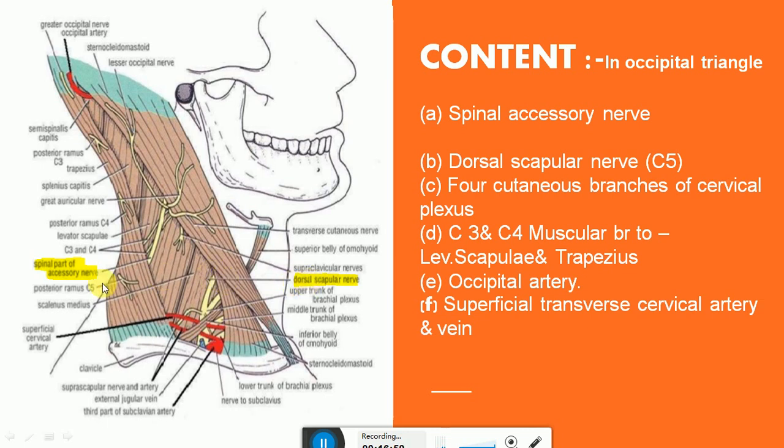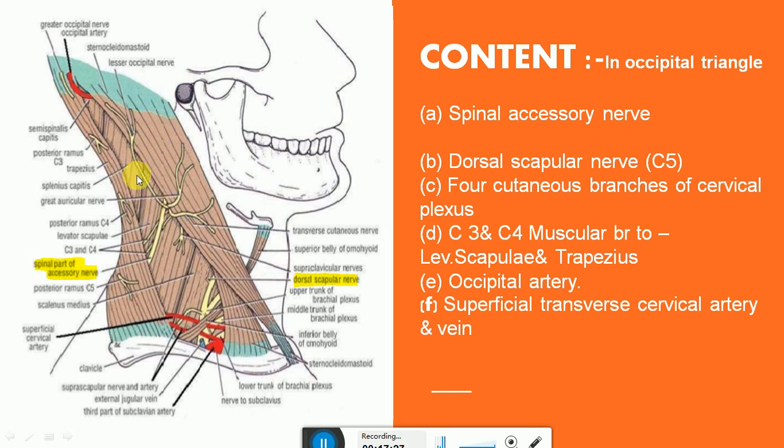Along with that we have muscular branches, that is C3 and C4. They supply levator scapulae and trapezius. Along with this, we have already seen the 4 cutaneous nerves.